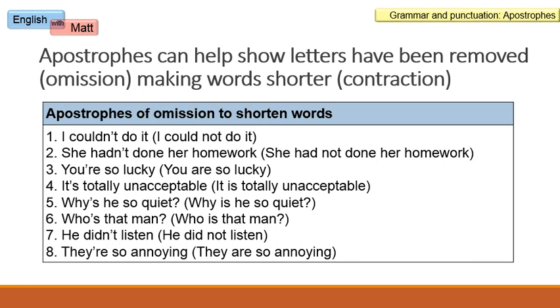"It's," number 4, means it is. So "it is totally unacceptable." Okay, so those are showing omissions, meaning that a letter has been removed and the word is therefore contracted, which means that it's pulled together, it's made smaller. Okay, so that is the second job that an apostrophe has. It shows omission. A letter has been taken out.